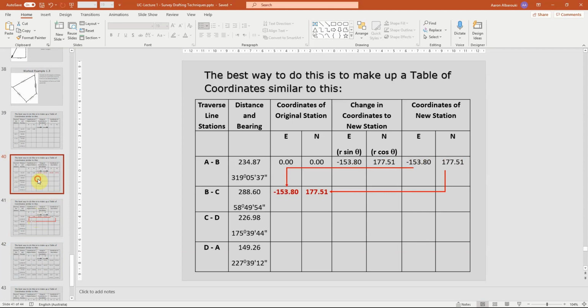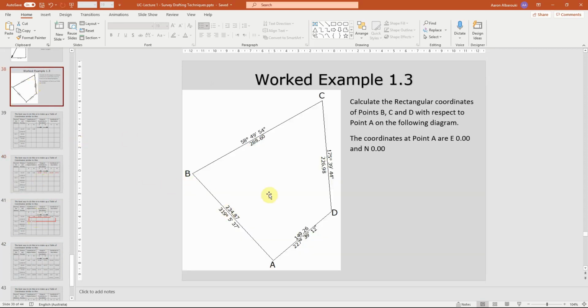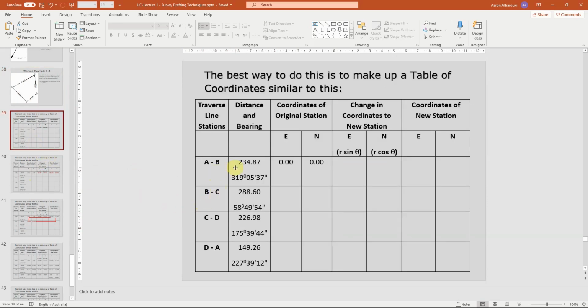This is just if I have a traverse like this, for example, not necessarily exactly this one. Let's say I have a traverse like that, between A and B. There we go.